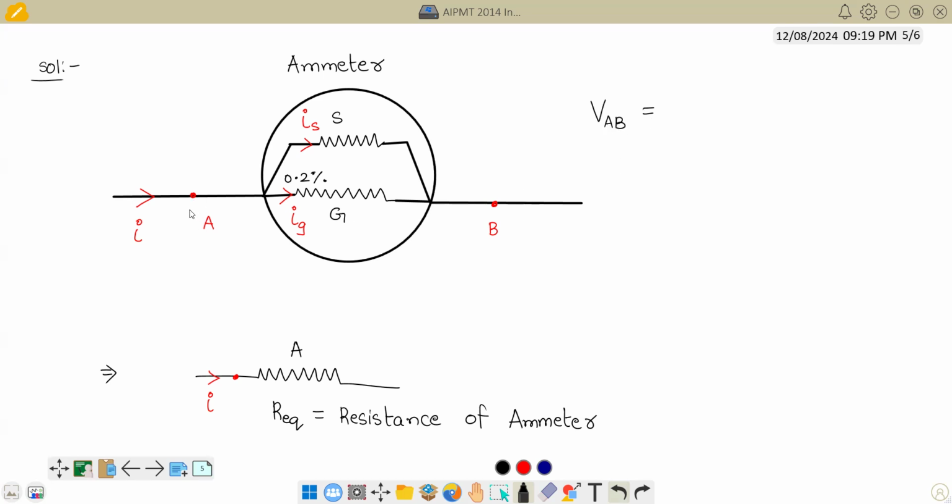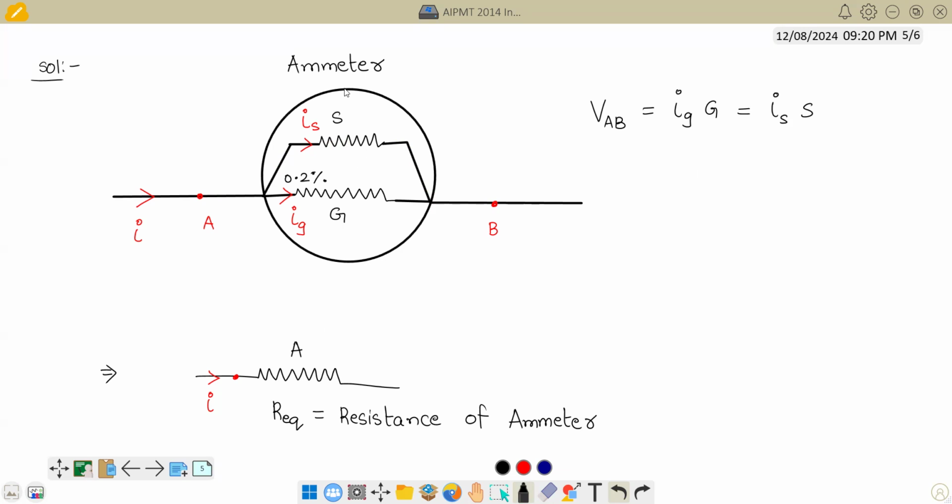Suppose I try to find the voltage difference across AB. We just need to travel from A to B. One of the paths could be through the galvanometer, so I can write the current through the galvanometer into G as the voltage difference across AB. Another path is through the shunt, so another way to find voltage across AB is current through the shunt into resistance of the shunt.